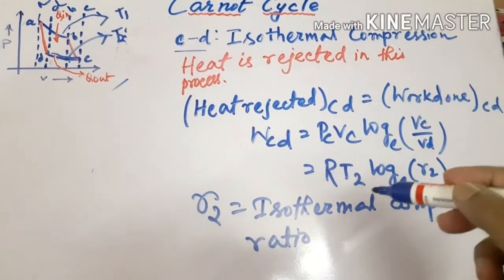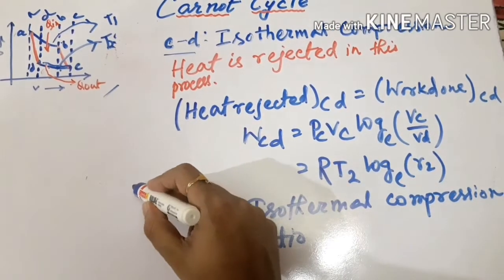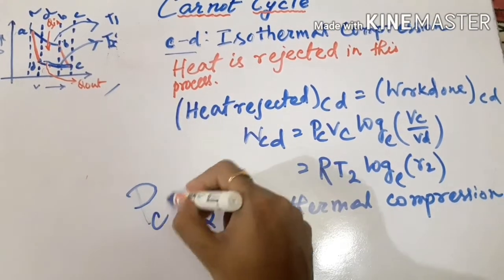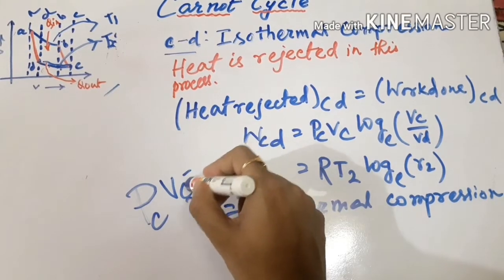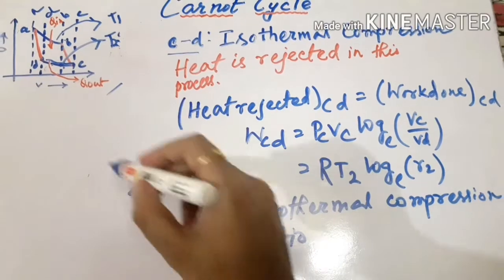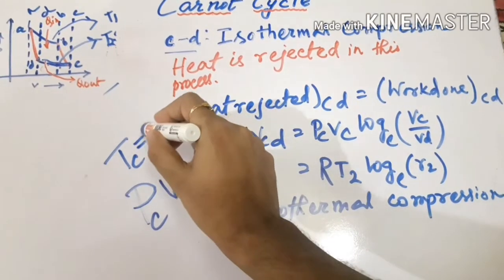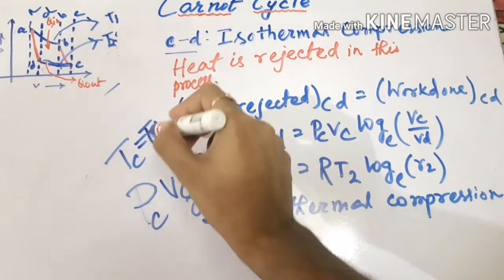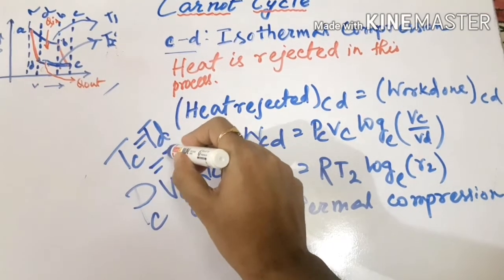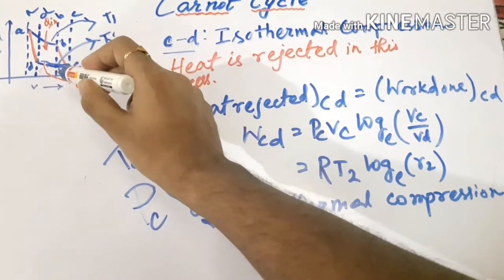Now PCVC can be replaced by RT2. Why? Because again we know PCVC will be equal to RTC, and this TC is equal to TD is equal to T2, as it denotes this isothermal line.